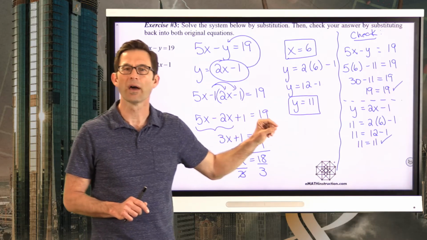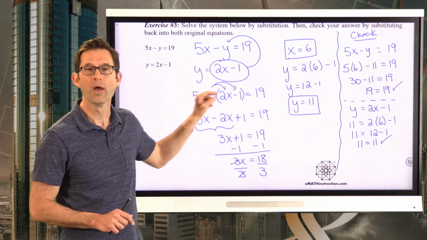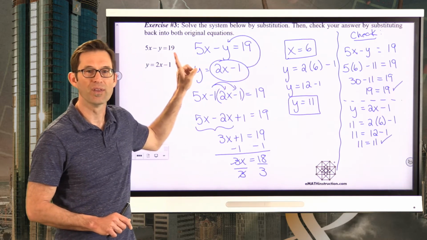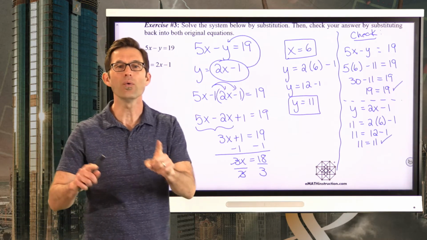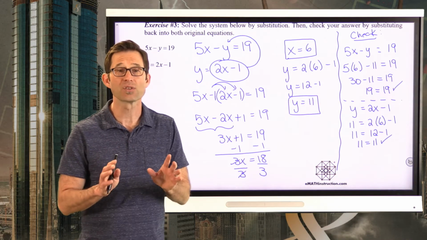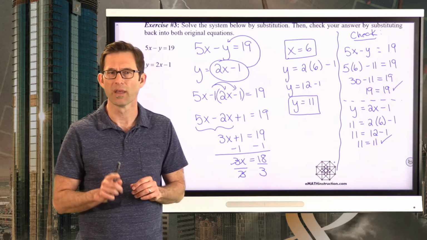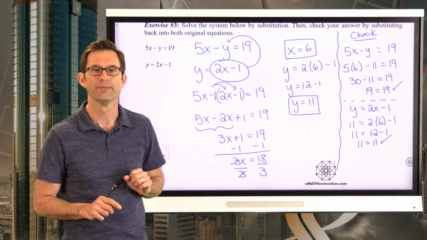That pretty much means by default, these two values are going to make that equation true. I should at least check them in this one. The equation I don't use to find the second variable value, that's the one I should definitely check them in. That's the one that could possibly tell me that I made a mistake over here.